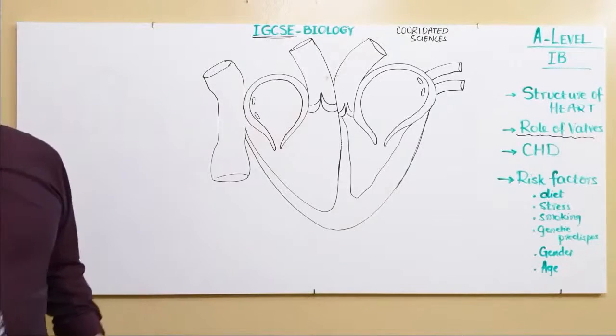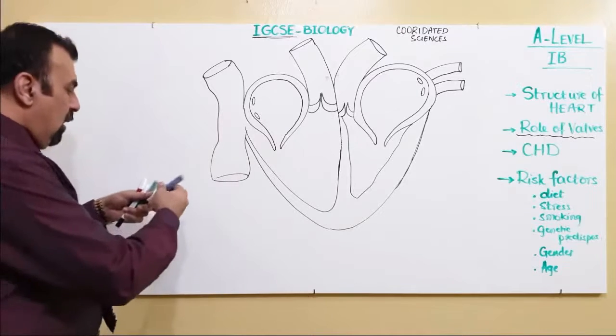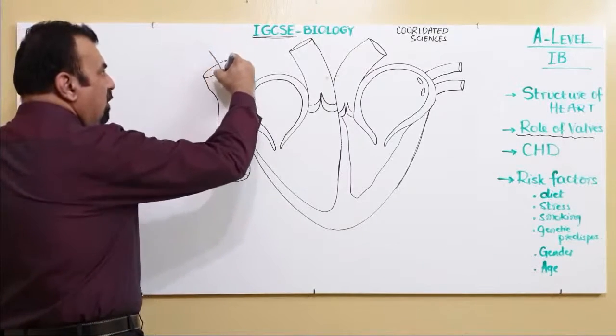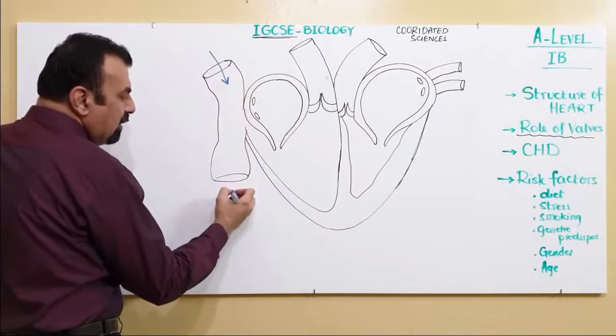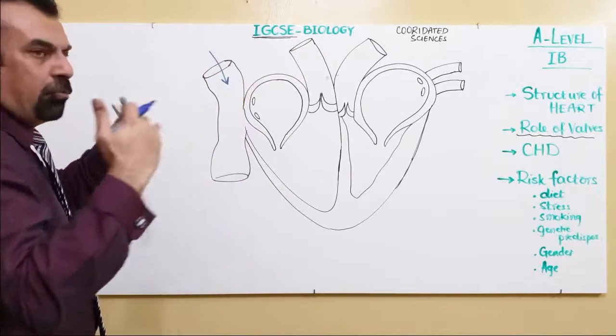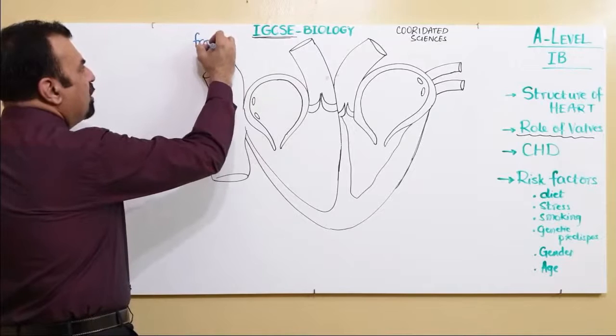So we have already said that we have deoxygenated blood coming from this side. This is the blood vessel which is bringing deoxygenated blood down over here. Similarly, this is bringing deoxygenated blood from the head region, from the top parts of the body.